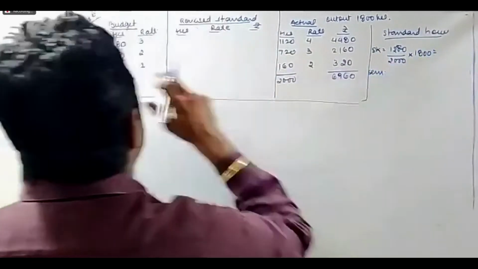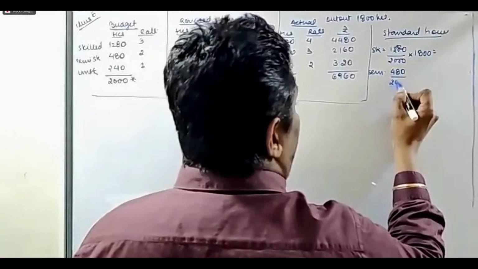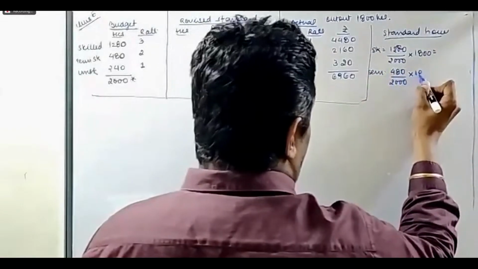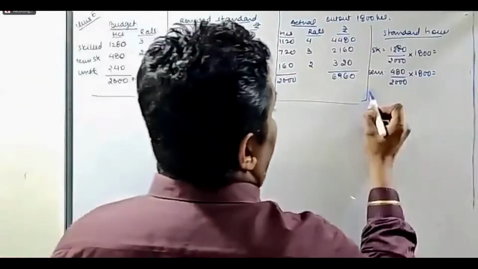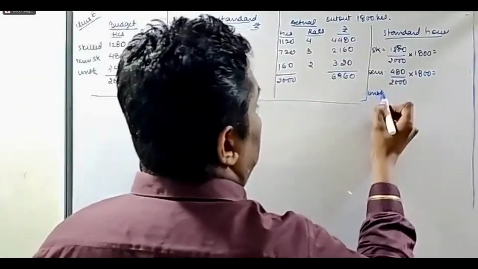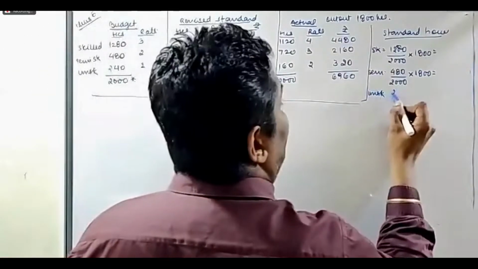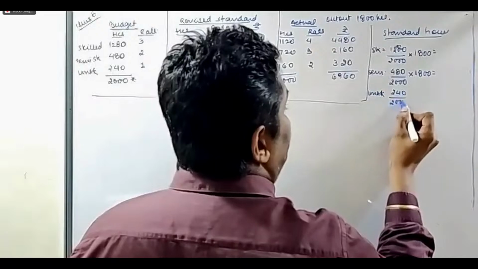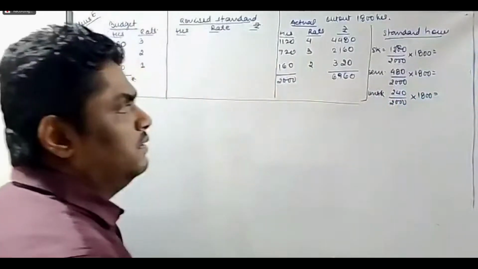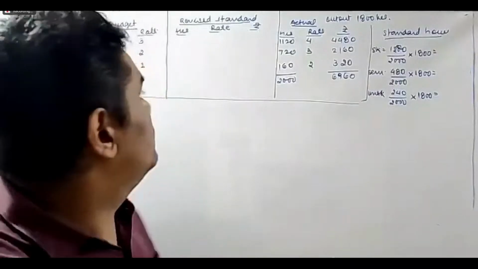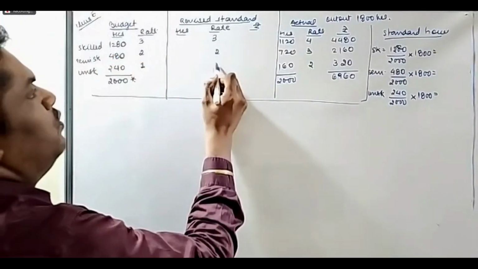Similarly, semi-skilled also, 480 hours for 2000 hours of output. So for 1800 hours of output, how much? Similarly, unskilled also, 240 hours for 2000 hours of output. So for 1800 hours of output, how much? Into the rate is same, that is 3, 2, and 1.